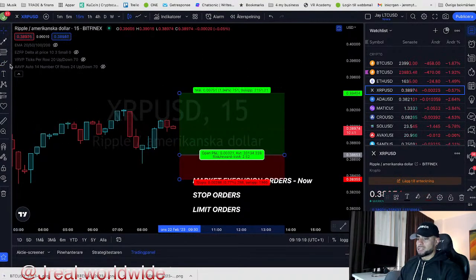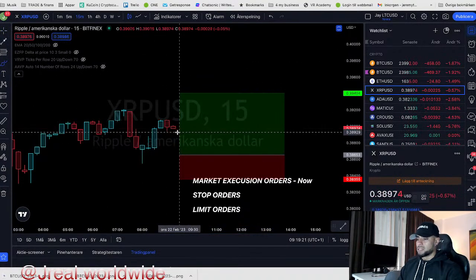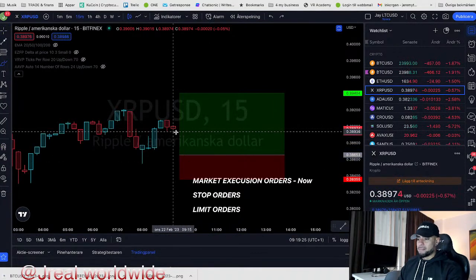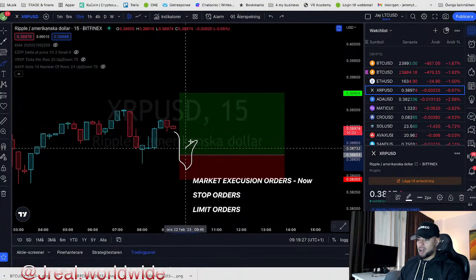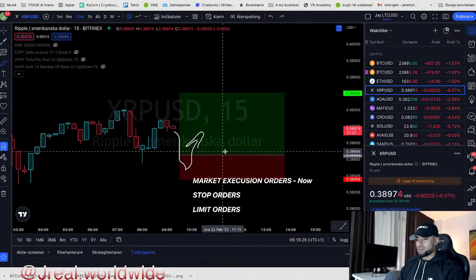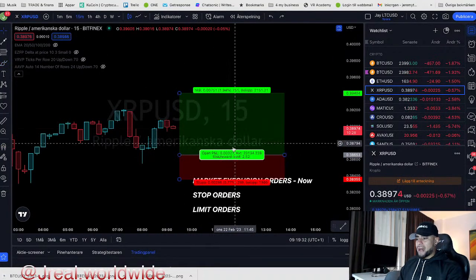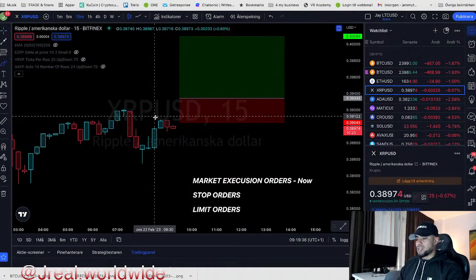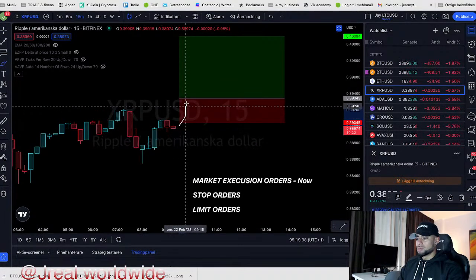You will just get a sound that it didn't work. Here you can only put a buy limit, because the market has to come down and then come back up and trigger the order. For it to be a buy stop, the market has to be underneath the entry level, and when it passes through, boop, triggers the order.